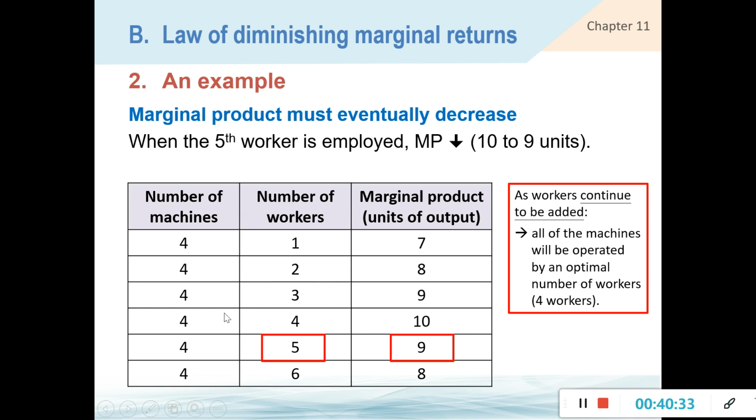OK，because there are only 4 machines for the workers to use. So maybe 4 workers is already the optimal number of workers to use the machine. So when you employ the 5th worker, okay, it will help you to produce more units. Okay, but the extra unit that he can produce would be less than the extra unit that the 4th worker can produce.